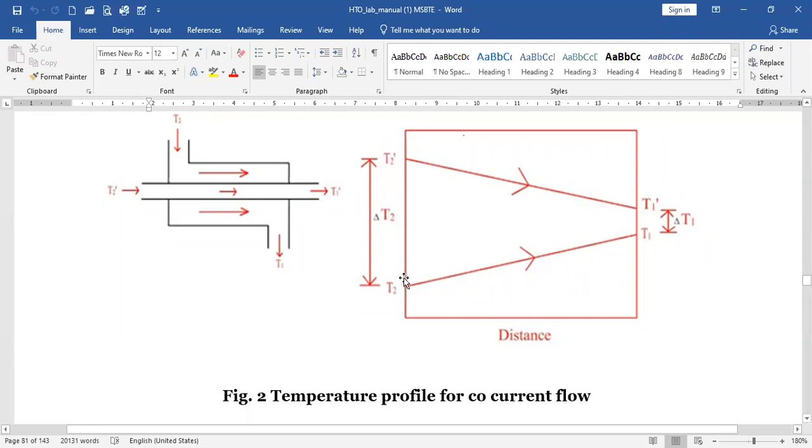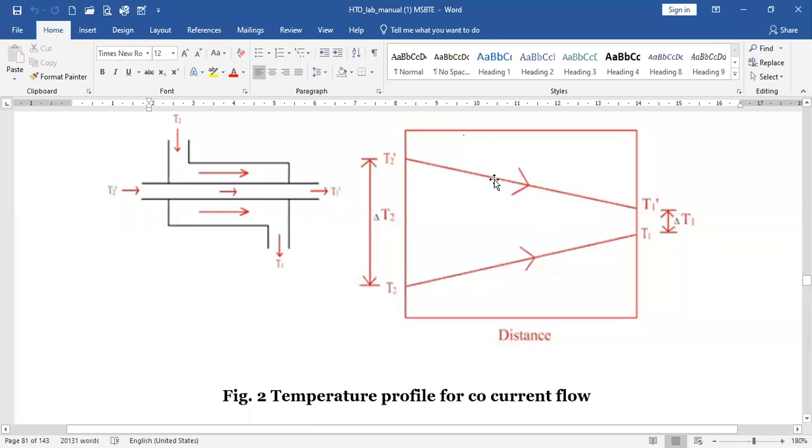Now, the temperature difference at this end is nothing but the approach, indicated by delta T2, and the temperature difference at this end is delta T1. So delta T1 and delta T2 are technically called approaches. If there is a difference between T2 dash and T1 dash, or T2 and T1, then it is called the range of that cold fluid and hot fluid, right?